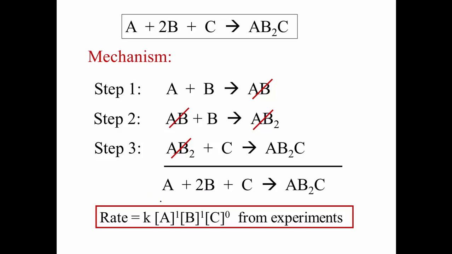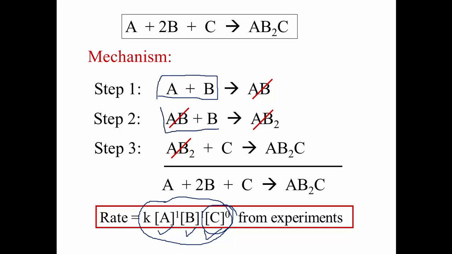So after running the experiment, we see that for this reaction, it's first order in A, first order in B, and zero order in C. So C has no effect on the rate. A and B are both first order. So now you have to come up here and figure out which of these reactions, if you wrote the rate law, remember only from the reactants, which one would match this? Well, this would give you A, first order.